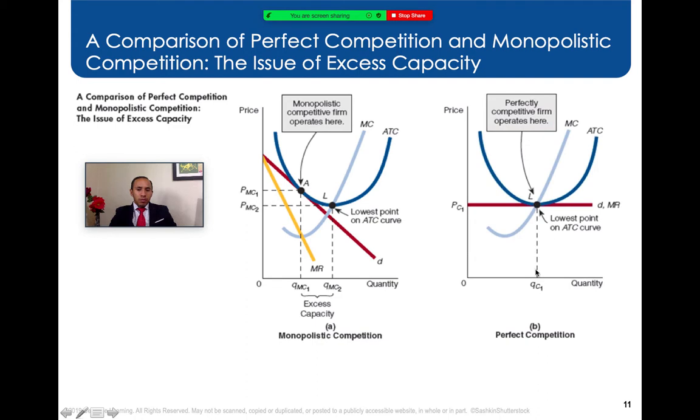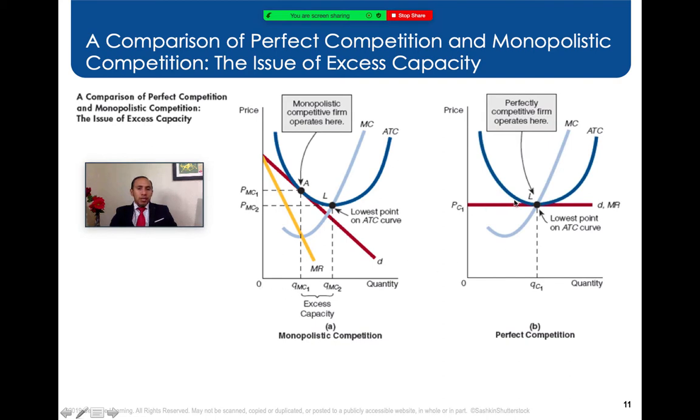So they produce a greater quantity in competitive markets. Notice that this quantity is actually greater. The distance from 0 to QMC1 is greater than the quantity that a monopolistic firm produces. Essentially, this model is letting us know three main things. The quantity produced in perfect competition is often greater than a monopolistically competitive firm's quantity because they limit the quantity.